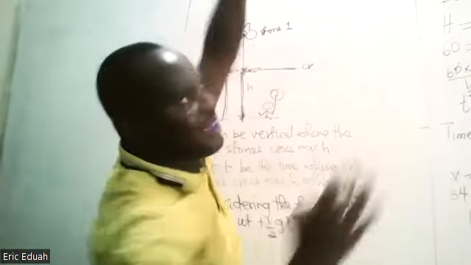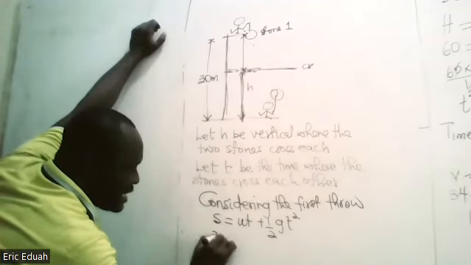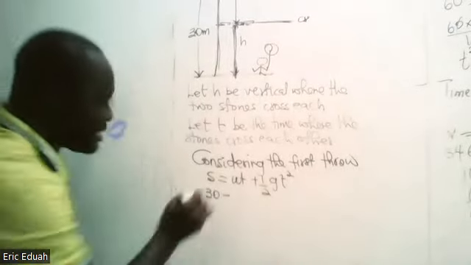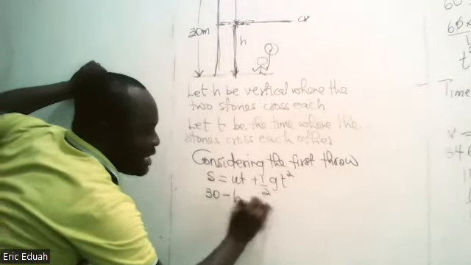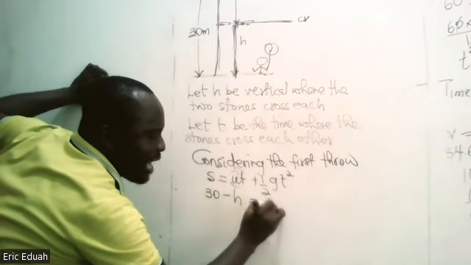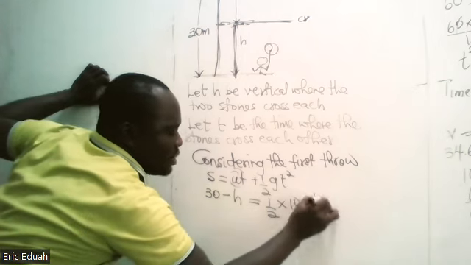Is that okay? So s is equal to 30 minus h, is equal to u is 0, free falling. So this will be half times 10 times t squared.